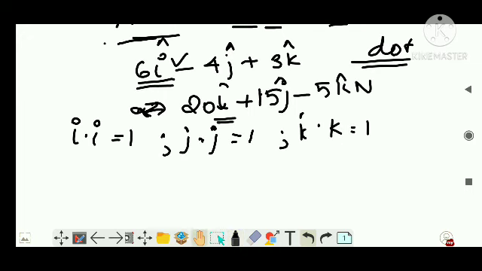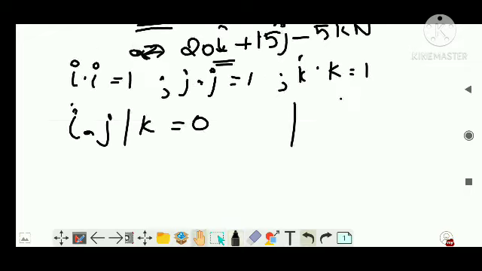Whereas if you take the dot product of i with j or k, the value will be 0. Clear? So only common terms can be dot producted. Cross product is a different way, guys, that will be taken in the next class. But in dot product, only common terms give a product.